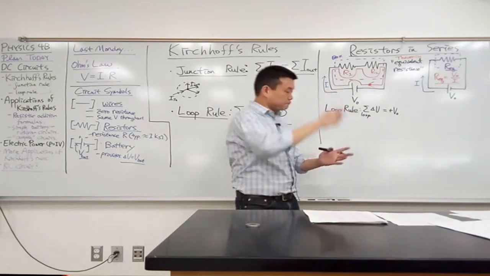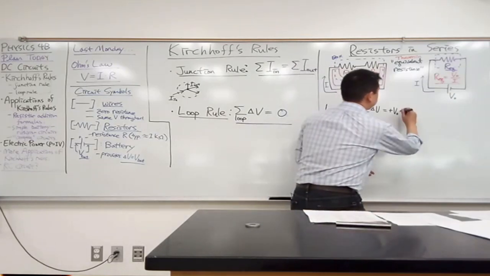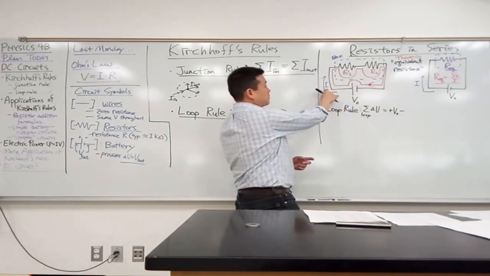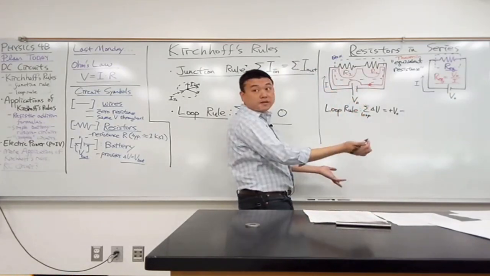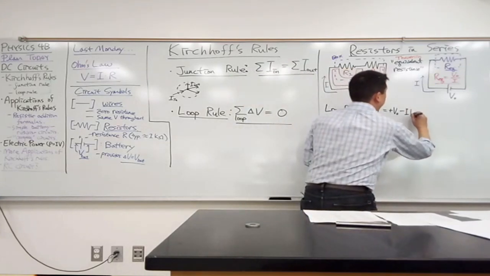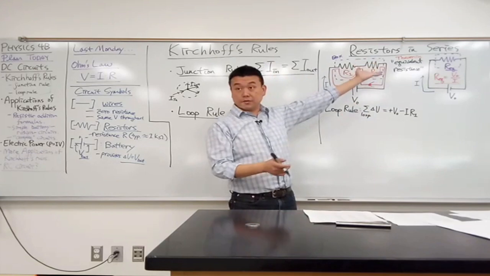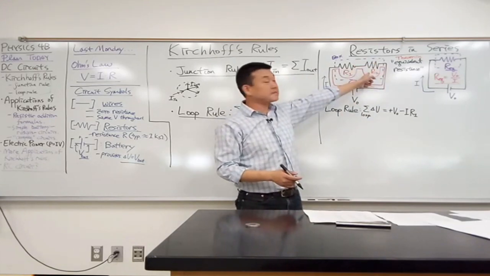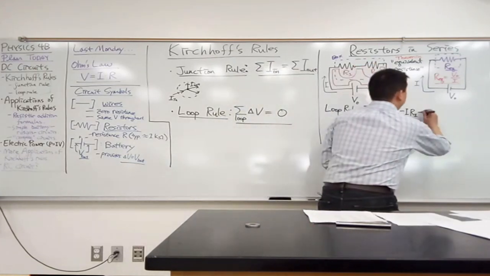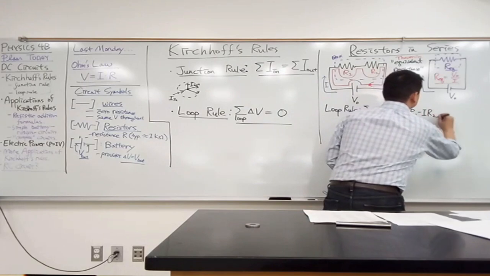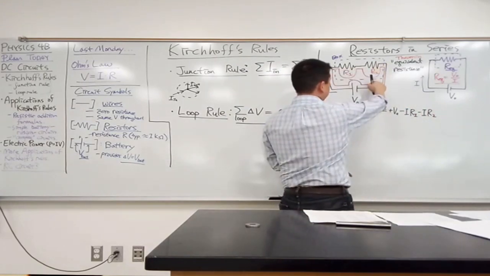So minus the current, there's a symbol I assigned to it, so I'll use that, minus current times the resistance. And for the second resistor, it would be the same thing, except with the resistance of the second resistor. So minus IR2. And then I come back to the same point.